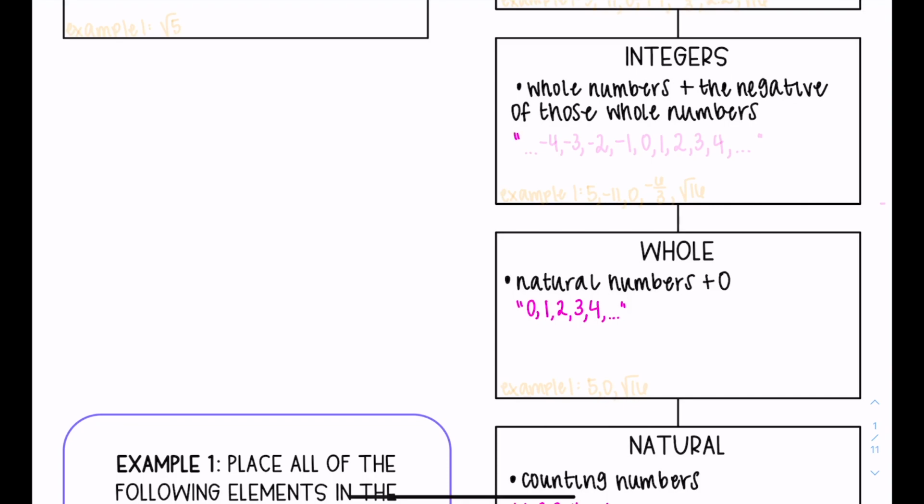And so now we can have -4, -3, -2, -1, and then we start adding those whole numbers back. 0, 1, 2, 3, 4, and so on.